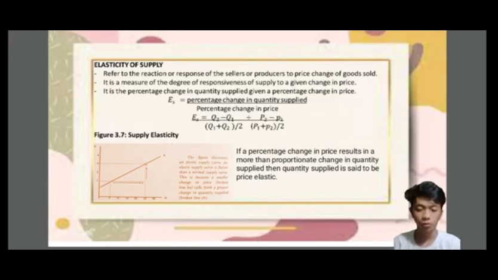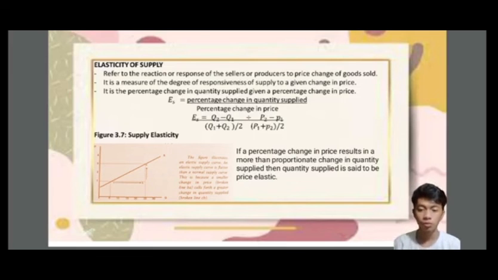Then P2 is 22, minus P1, 20. Then 20 plus 22 divided by 2. So 22 minus 20 is 2. Then 20 plus 22 divided by 2 is 21. Then 20 divided by 110 is 0.18.